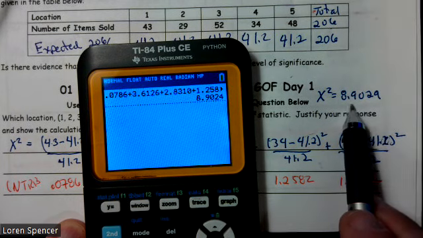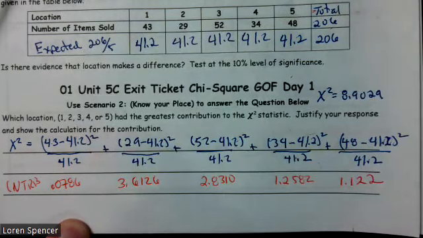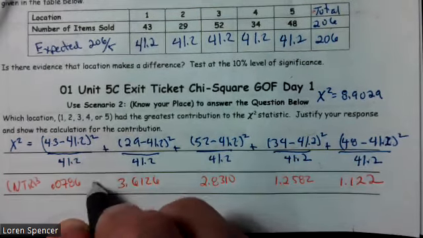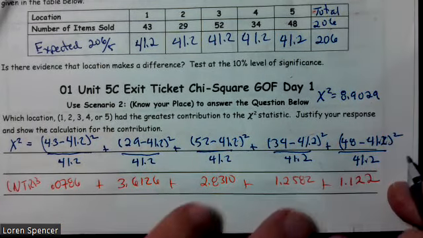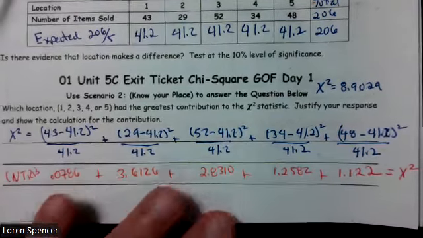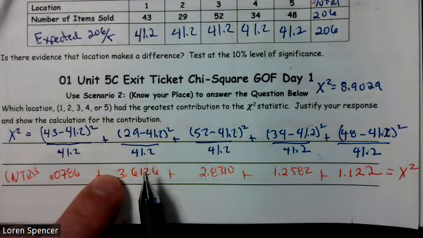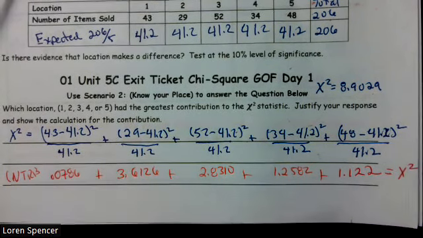I end up getting 8.902. That's my chi-squared value. So these are the values that sum up to the chi-squared. Plus this, plus this, plus this, it equals the chi-square. Well, which one is the largest? This one. So this had the greatest contribution because it was the biggest.